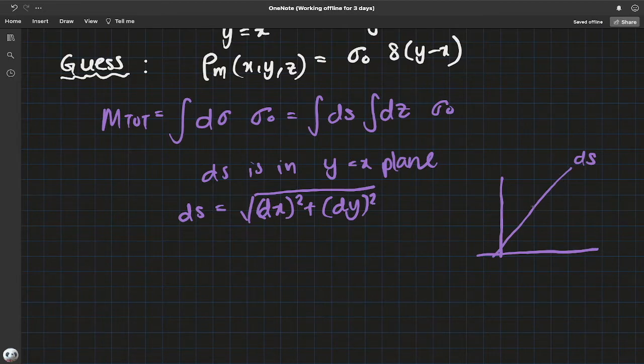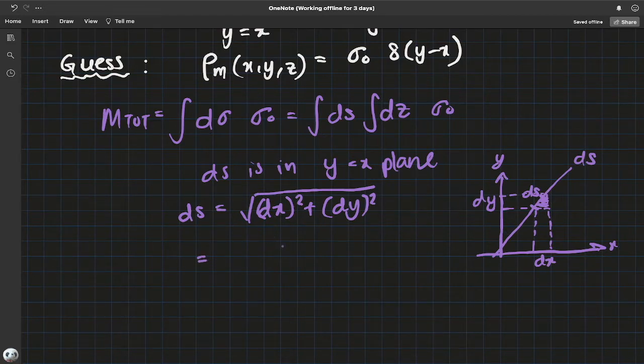Say ds is some chunk on this line. Dx is the chunk in the x direction, so this is dx. Dy is this vertical chunk. So you clearly see you can do Pythagoras' theorem on this small triangle that I've shaded, and you get this formula. It shouldn't be too hard to visualize.